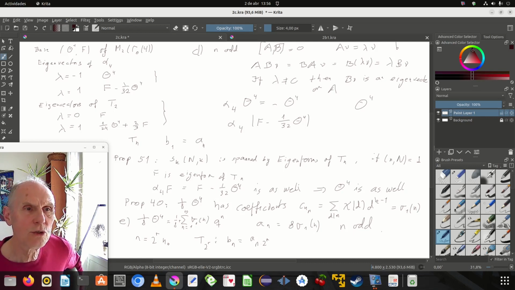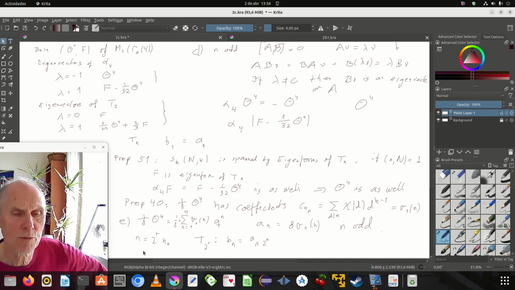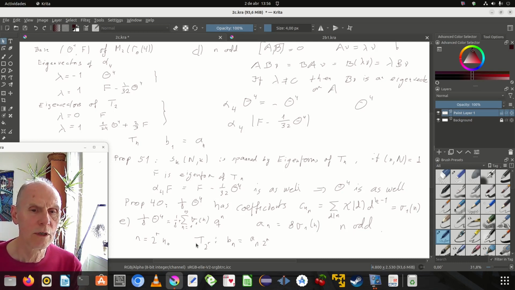And T2 and Tn commute. So this should be an eigenfunction.